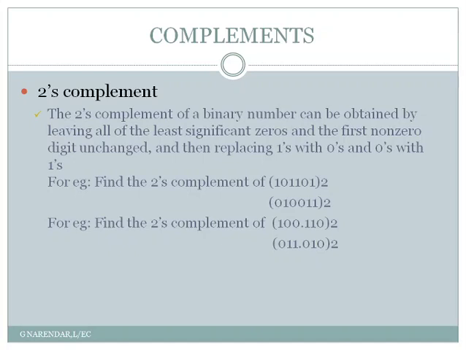And if you find the first non-zero digit, leave it unchanged. And after that first non-zero digit, if you see a 1, replace it with 0. If you see a 0, replace it with 1. The result becomes the 2's complement of the given binary number. So this is how we obtain the 2's complement for any given binary number.